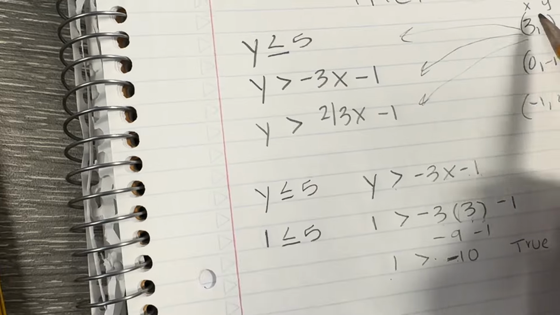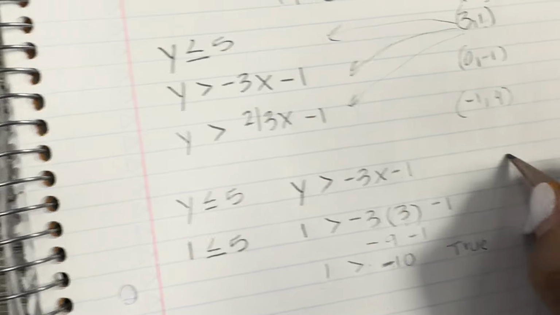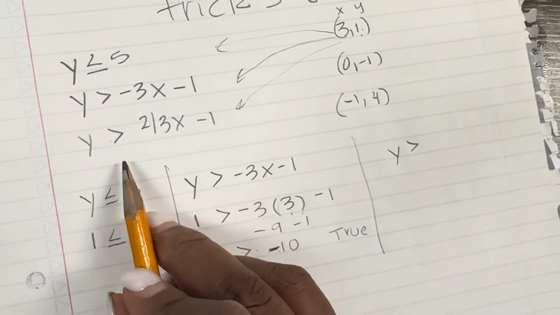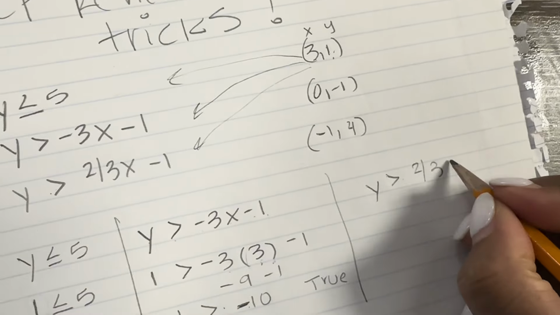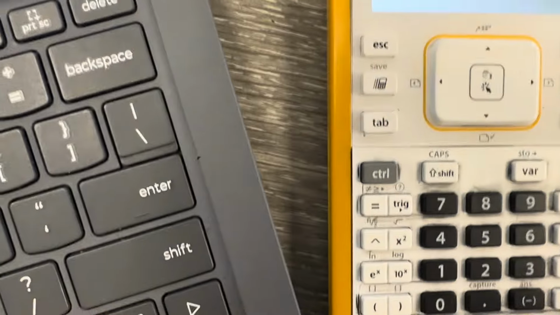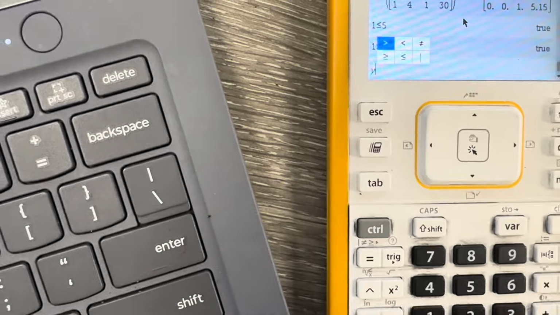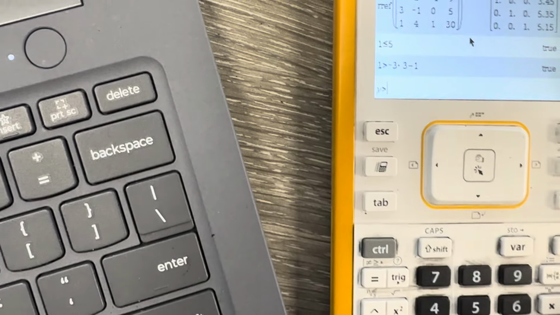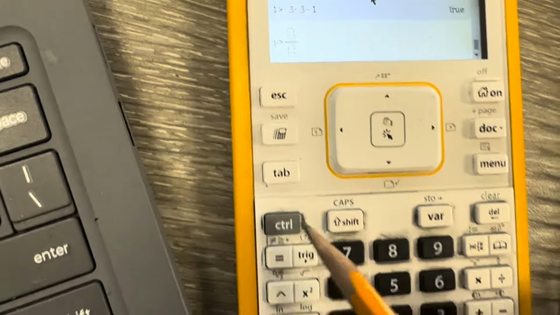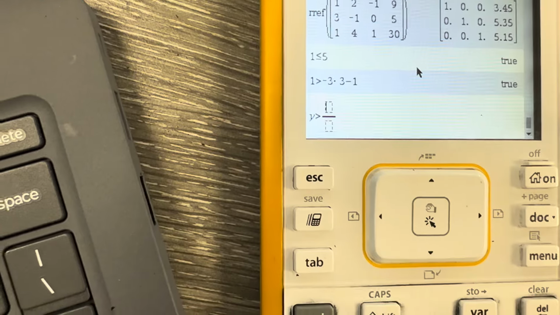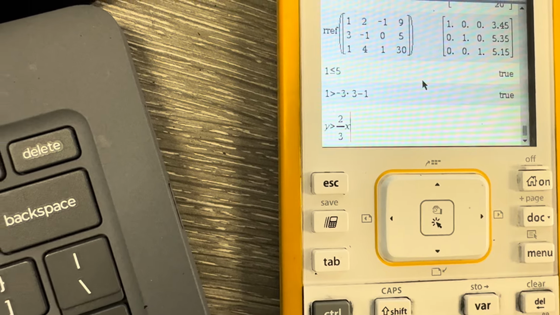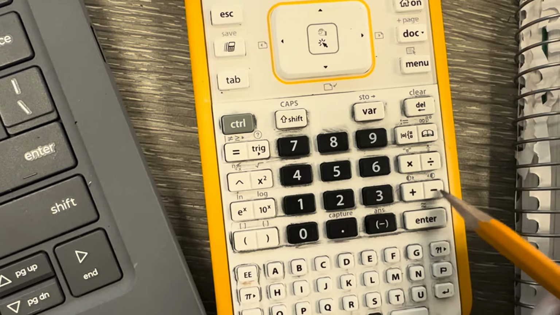Let's try the last one. So you write down your inequality. Y is greater than 2/3 x minus 1. So go ahead and type that in. Y, control equal, greater than, control divide, gives you that fraction, 2/3 x minus is right here.